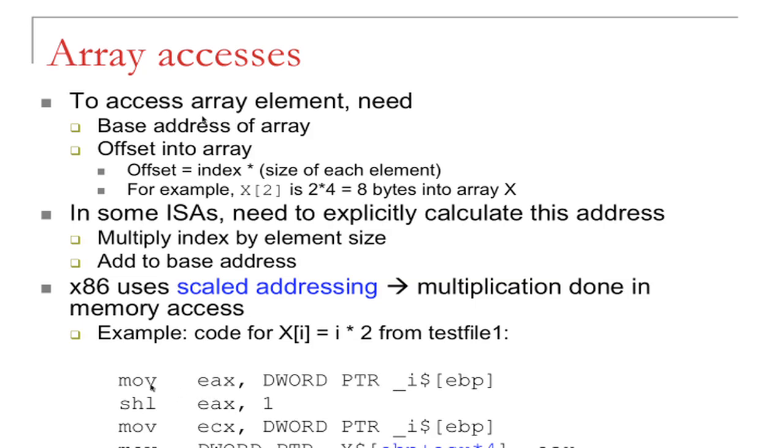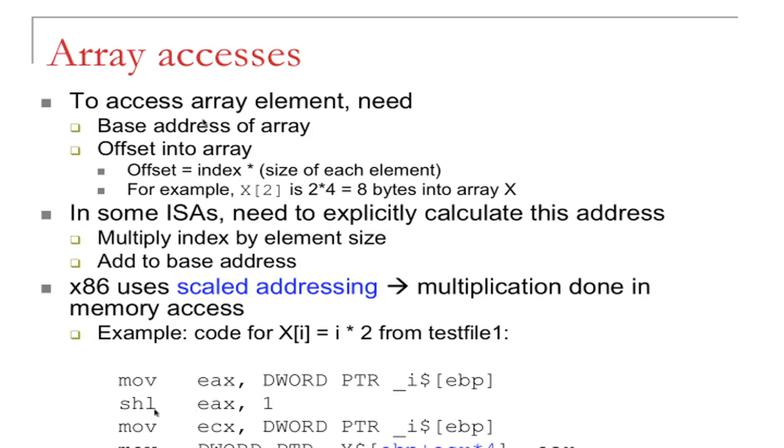That's this move instruction. Remember, underscore I is the offset, and that's offset to the EBP pointer. So this will provide you the memory address to variable I. We're going to copy that into EAX.